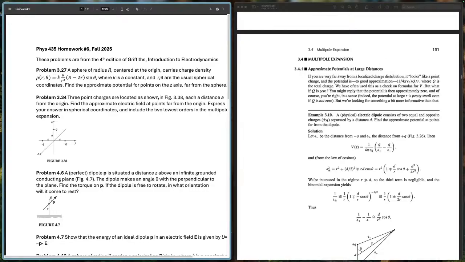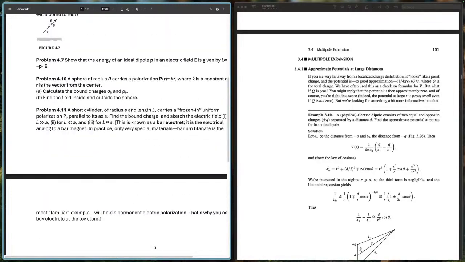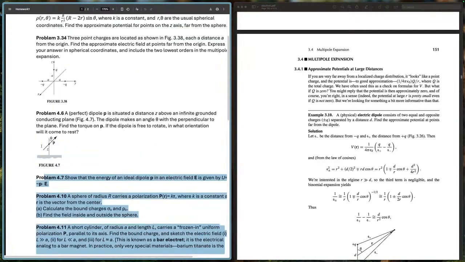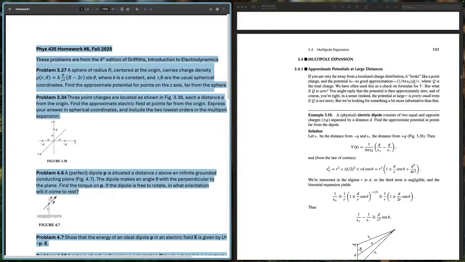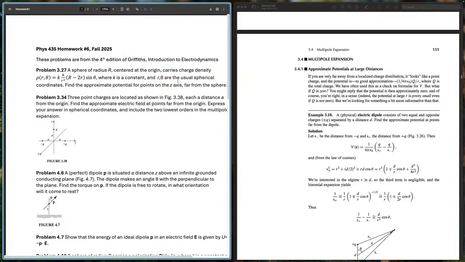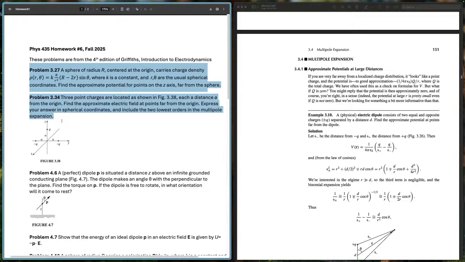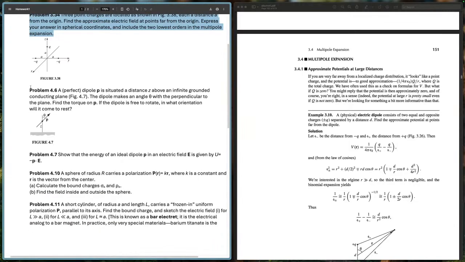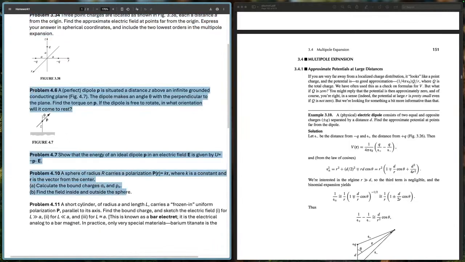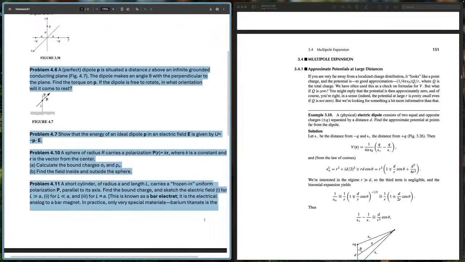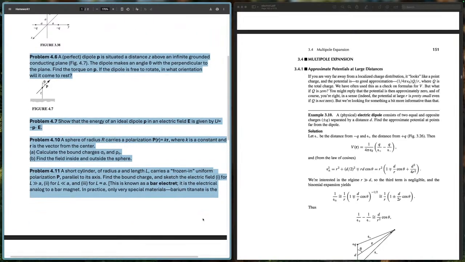I will do my homework, which are these problems from Intro to Electrodynamics by Griffiths. These two problems are dealing with Poisson's or Laplace's equations, and the other problems deal with dipoles and linear dielectrics.